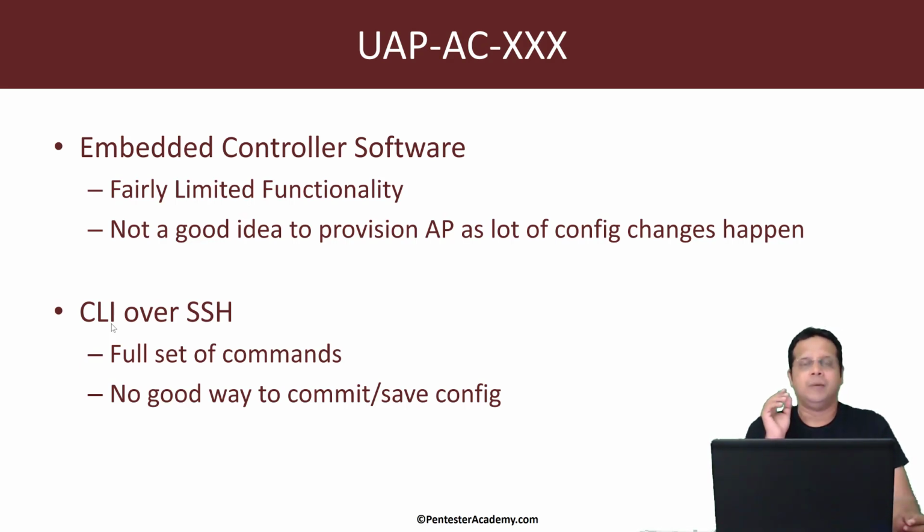Something very important: do not make the mistake of downloading the controller software and configuring this access point. Once you use the controller software, it'll provision this AP, and when it does that, it actually sends through a massive number of configurations. To undo all of that is going to be a huge pain.